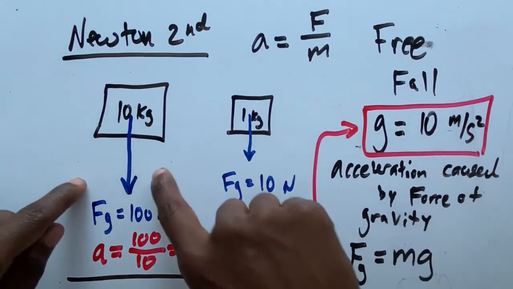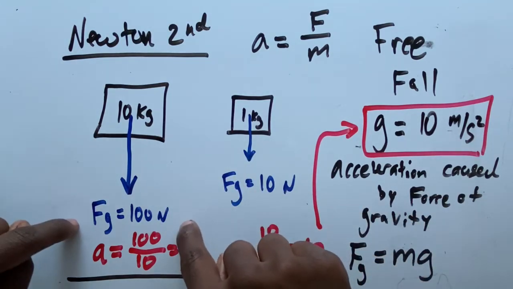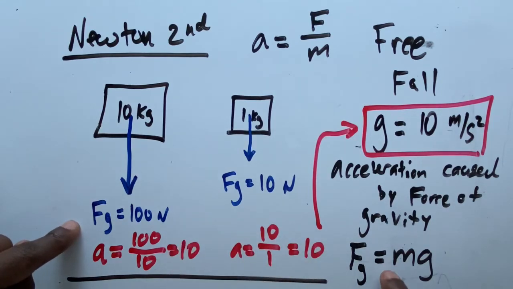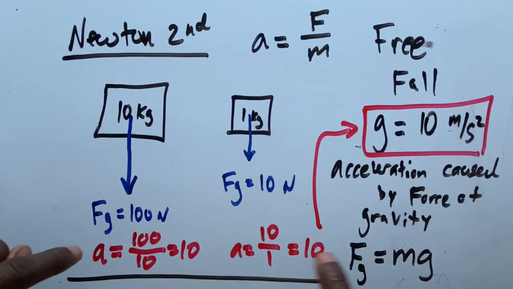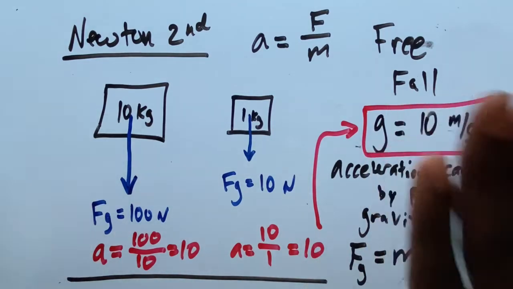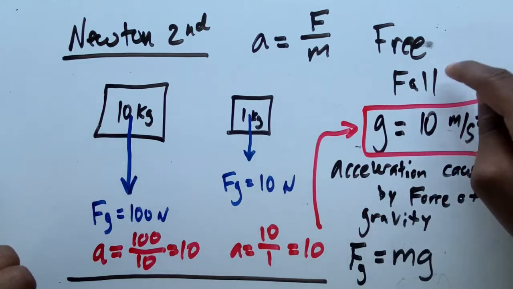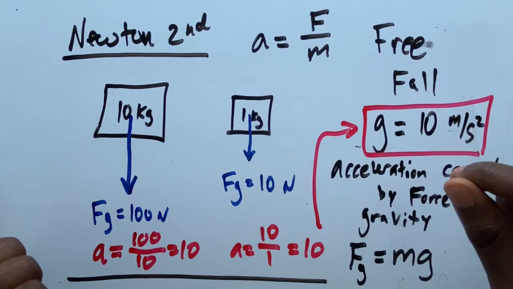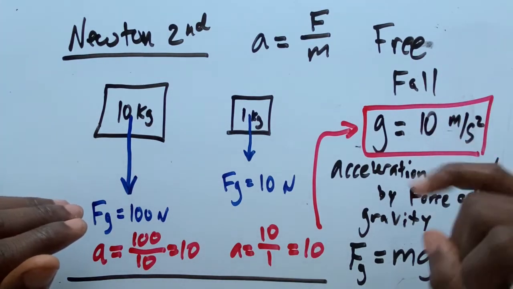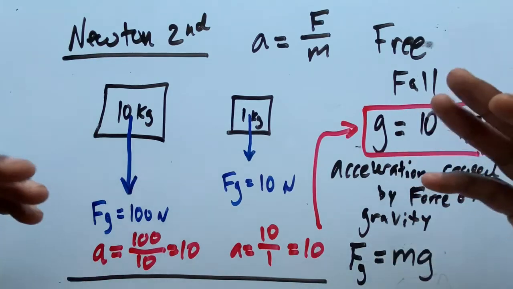But the force of gravity, Fg, would have been different because it depends on the mass of the object. But the acceleration is always going to be the same for every object that's in free fall, meaning we are ignoring outside forces like air resistance or the wind blowing or anything like that.